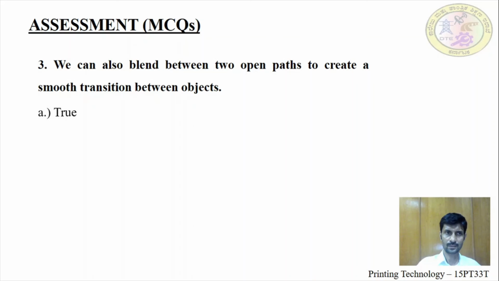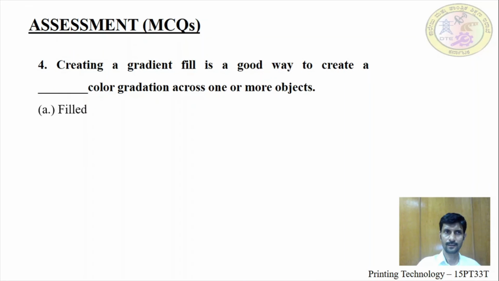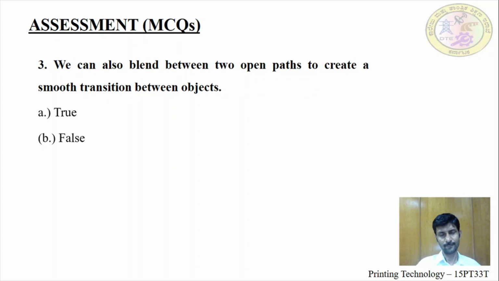The options are true, false, true or false. We have seen already, to blend the two paths or two objects, smooth transition, we can do it for even color also we can make it. So the clue I have given for this question to answer.